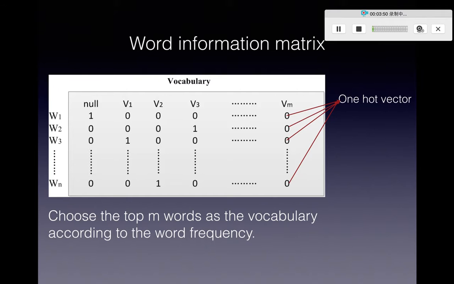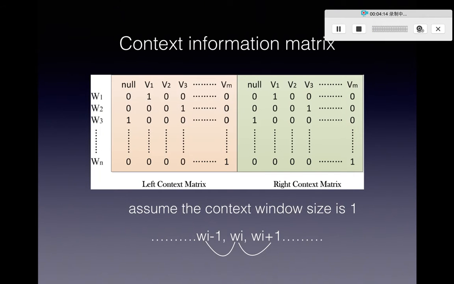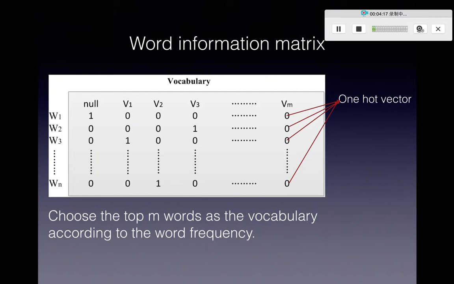If wi isn't in the vocabulary, then the corresponding position will be set as 1. If wi is in the vocabulary, the corresponding position will be set as 1, which means that each row in this matrix is a one-hot vector.